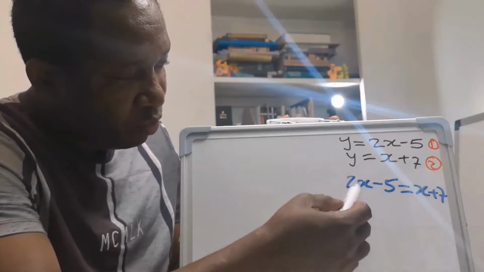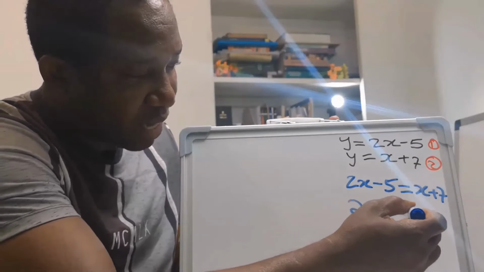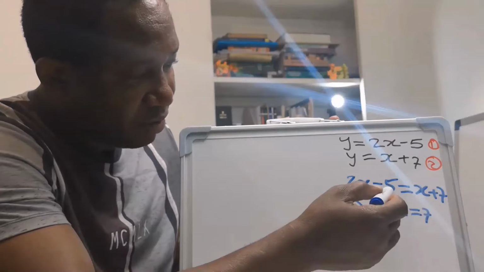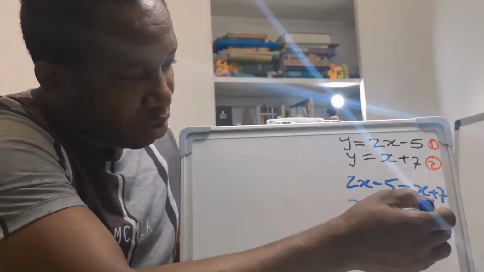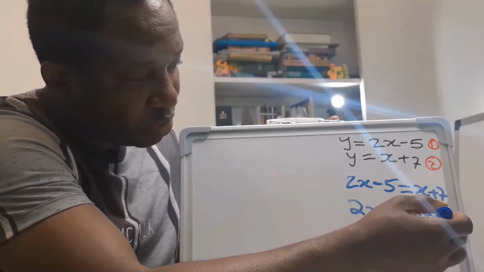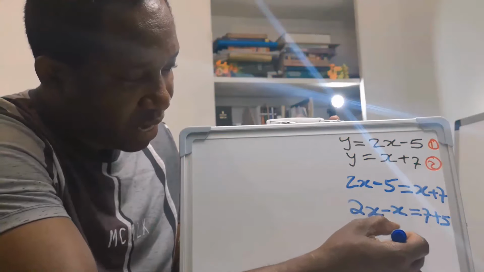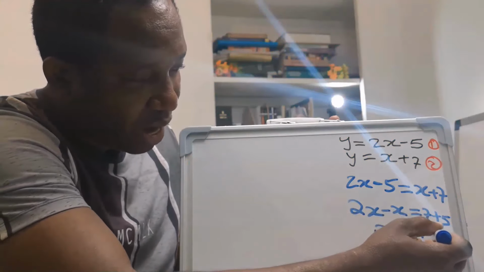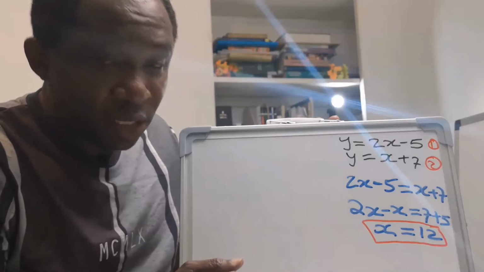X will move to the other side and it will become 2x minus x is 7. 5 will move. Here is minus 5, on the other side it becomes plus 5. 2x minus x is x. On the other side, you have 12. We have obtained that x is 12.